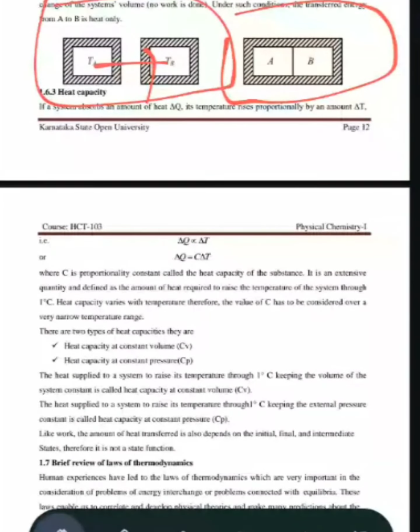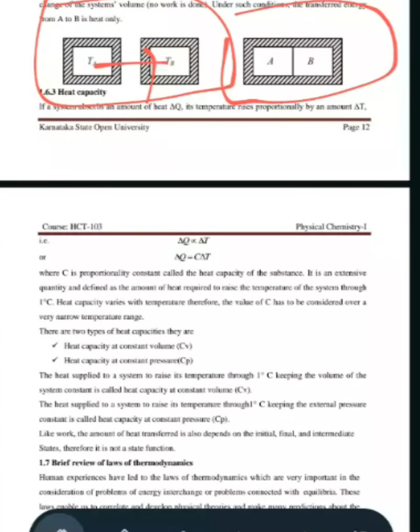So delta Q is equal to C delta T. C is the proportionality constant, the heat capacity of the substance. When the heat capacity varies with temperature, the value of C is considered over a very narrow temperature range, otherwise there will be much difference.